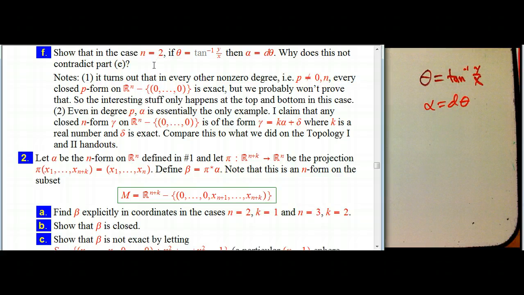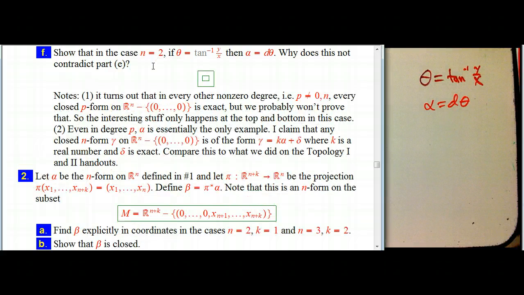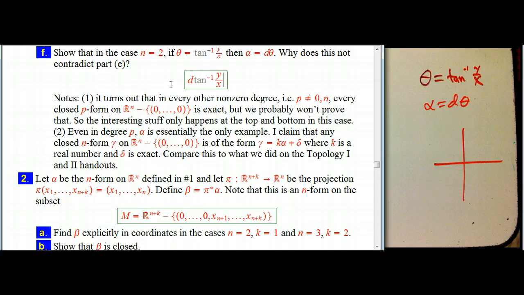Okay, and let's look at the calculation there. Well, let's do it here to make it pretty. And I'll talk about the picture in a minute. I don't want to give away the punchline. Let's just do the calculation for a minute. D of inverse tan y over x, just a little exercise in the chain rule and the quotient rule.